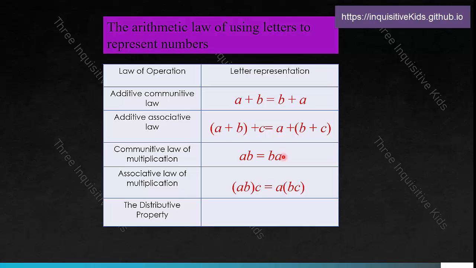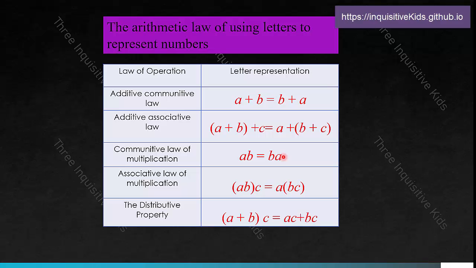There's the associative law of multiplication, and that's going to be the product of AB times C is always going to be equal to A times the product of BC. Oh, and also right now I hope you're trying to memorize what you have learned before, because we're going to be using lots of the laws when we are heading deeper into this Unit 3.